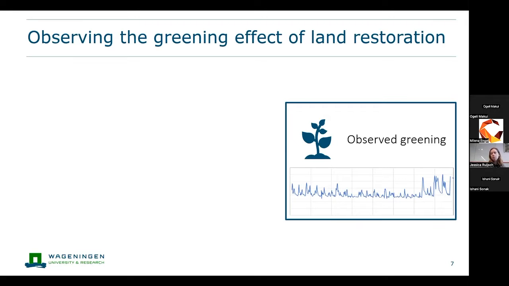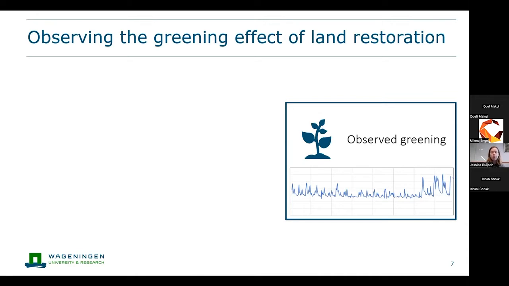But then if you want to evaluate, for example, how much greening a certain land restoration project causes, you run into one problem, and that's that this greening is not only caused by the restoration effort itself, but there's also an effect of large-scale climate variability, for example, changes in precipitation or changes in climate.